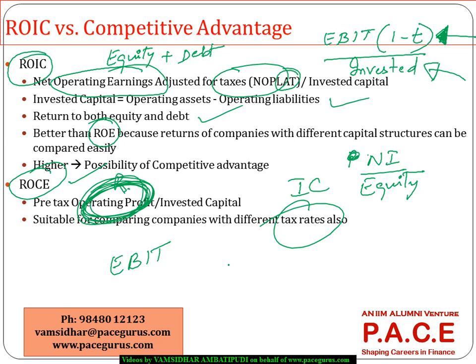A comparison can be done with companies which have not only different capital structures, but also different tax structures. So it's better that I understand the concept of ROIC or ROCE, and how we can use it for a comparison of firms with different capital structures and different tax rates. Because as an analyst, once I make forecasted financial statements, I need to understand on what aspects company 1 is better than company 2 or vice versa.